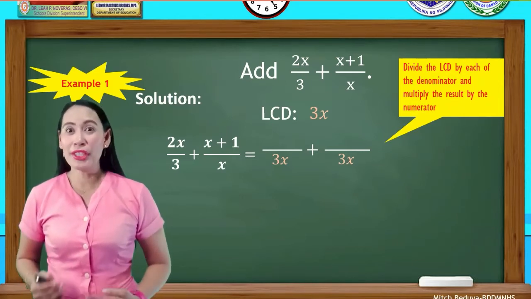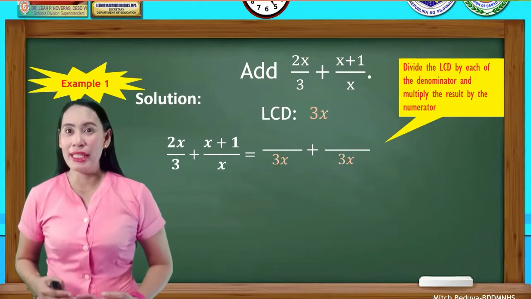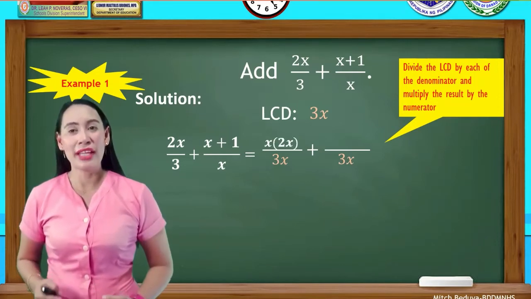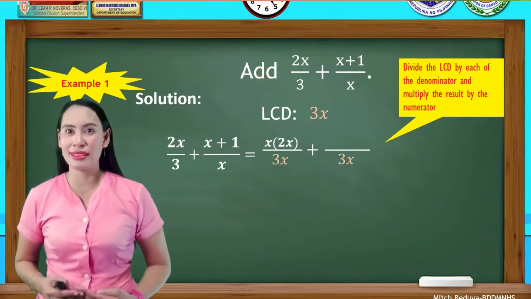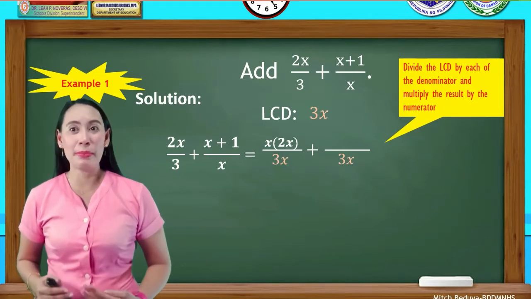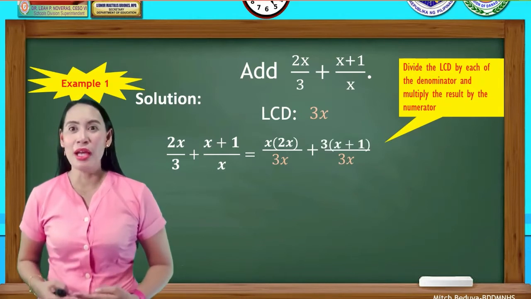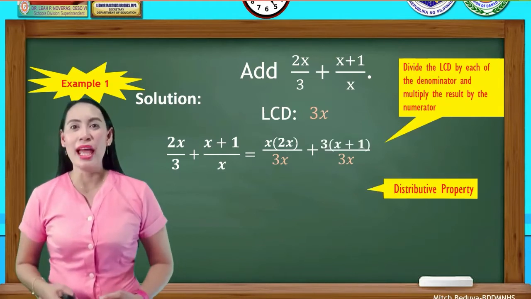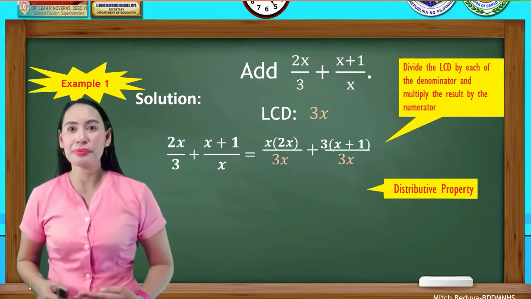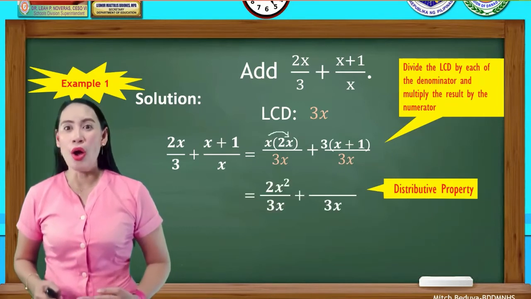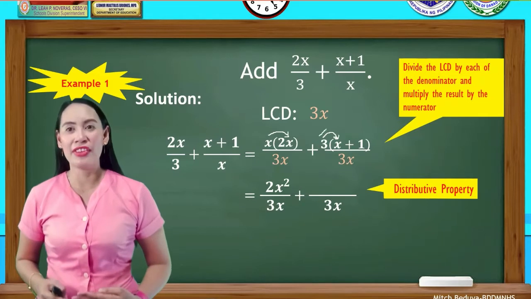So, 3x divided by 3 is x. Then, multiply to 2x. And 3x divided by x is 3. Then multiply to the quantity of x plus 1. By distributive property, the expressions become 2x squared over 3x and 3x plus 3 over 3x.